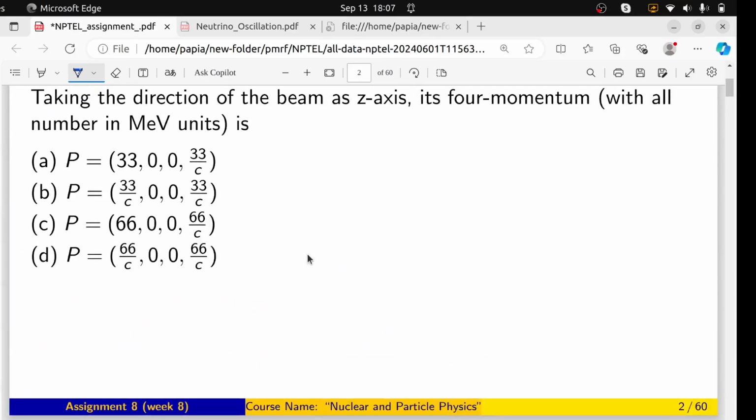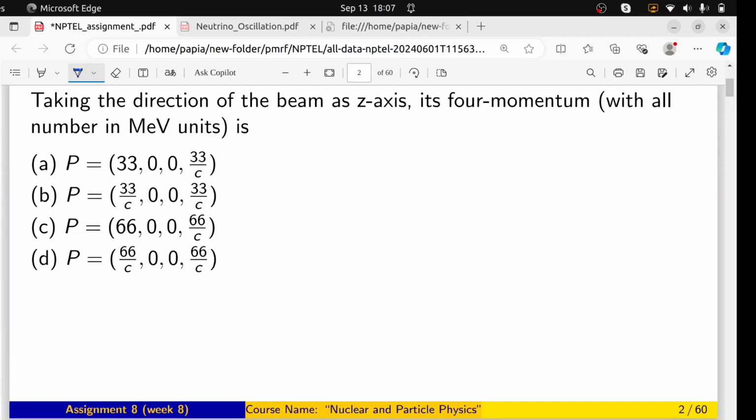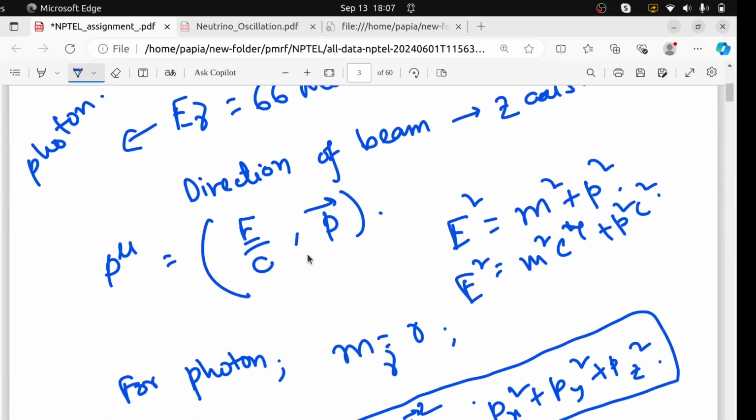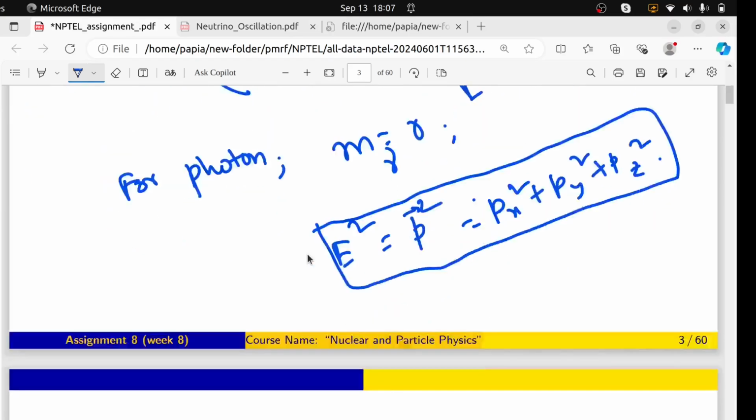In that question again, it was showing the direction of the beam as the z-axis only. That means our Pz is non-zero, but Px and Py both are 0. Why? Because there is no direction of the beam along the x and y axis, so Px and Py are 0, only Pz is non-zero.